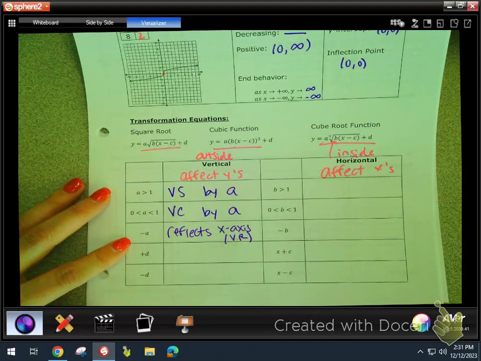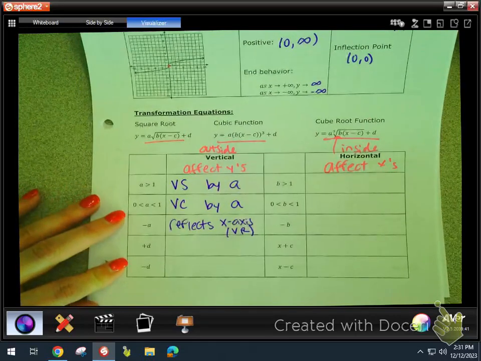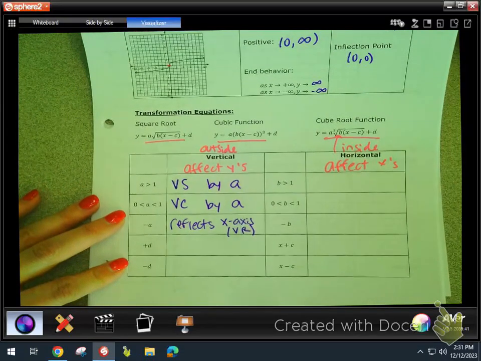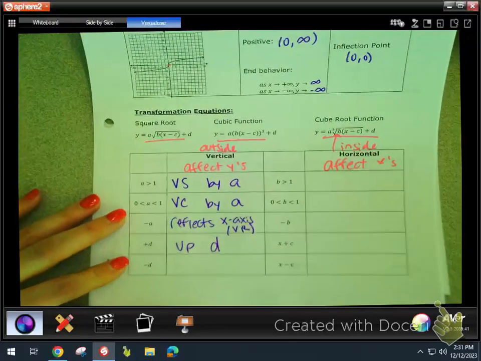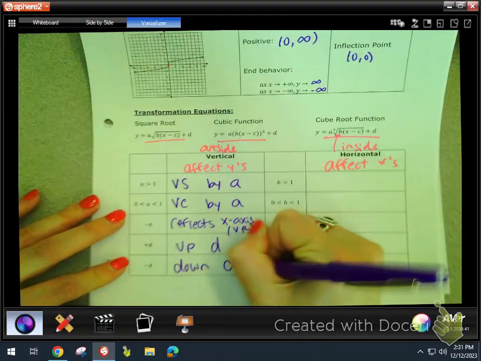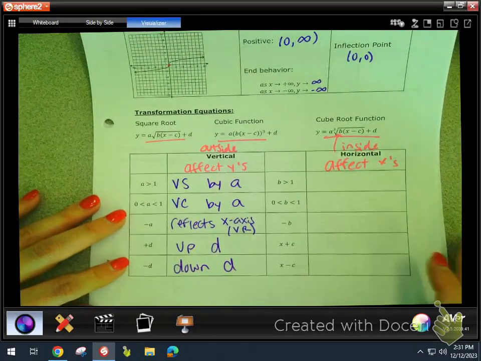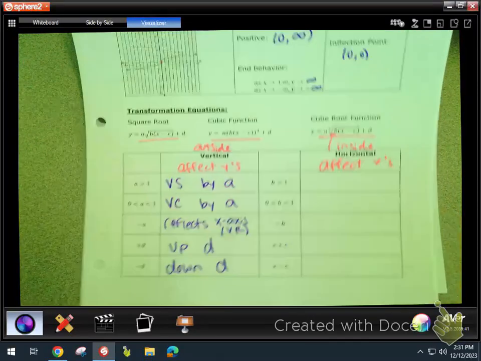The D values, those are at the very end of the equations. Those are your vertical slides. And they're normal. So if it's a plus D, then that means your graph is going up, however many. If it's a minus, you're going down.